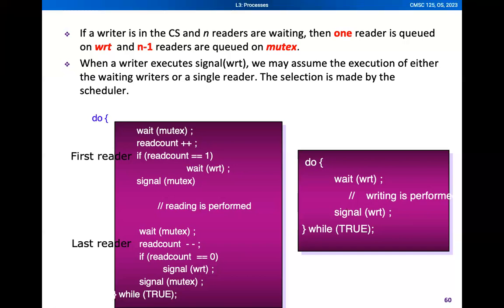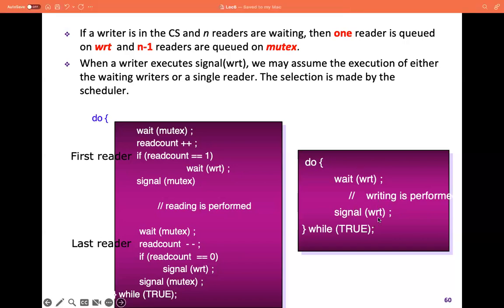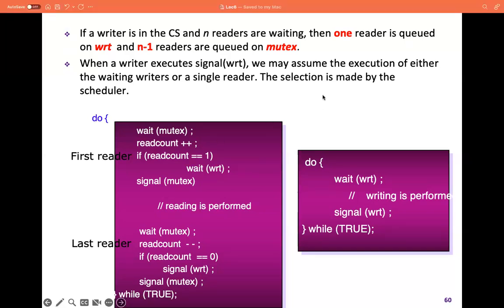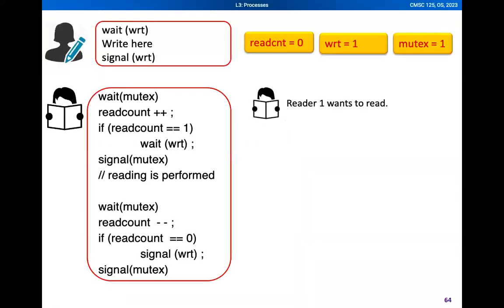So that means that another writer may start writing or another reader may start reading. Whether the next task will be the reader or the writer depends on the selection made by the scheduler.